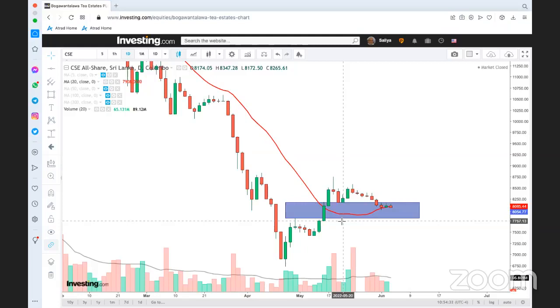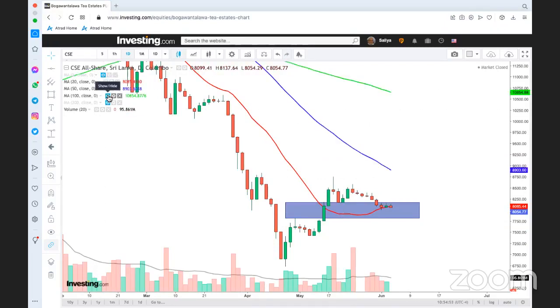So here, the easiest way of looking at the trend confirmations, apart from the price action and the 20-day moving average, will be to understand how the prices are behaving based on the 50-day moving average, 100-day moving average, and the 200-day moving average, right?